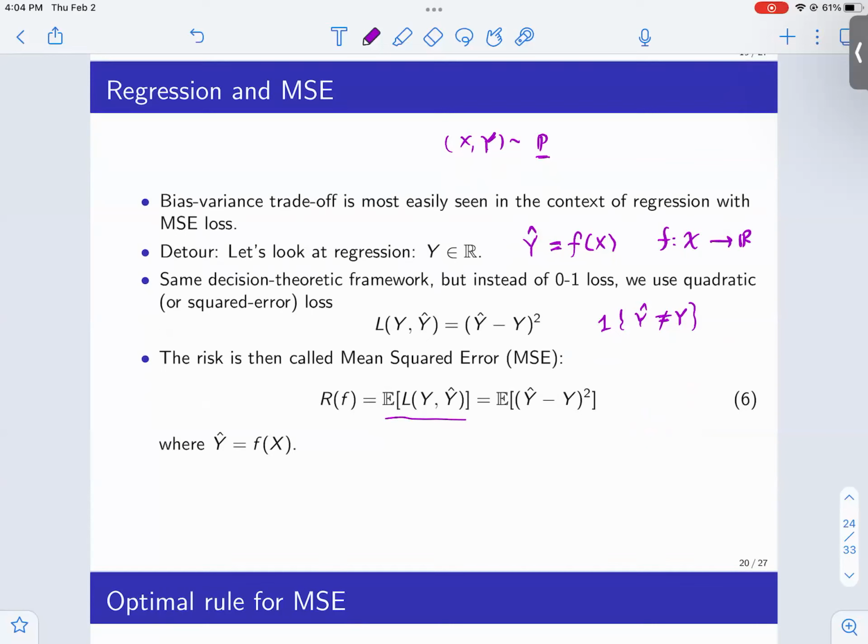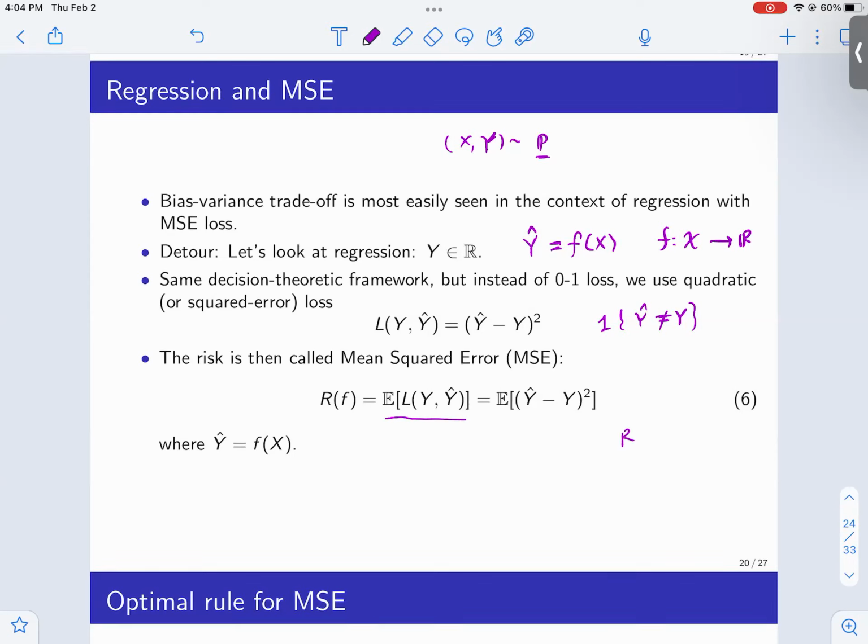Minimize the MSE, that's what you want. The optimal one is the one that minimizes the MSE. We want a rule, sometimes called the Bayes rule, the optimal rule, that has the smallest MSE.